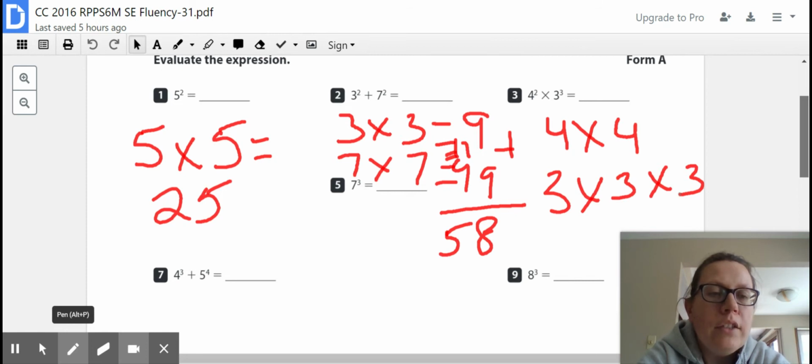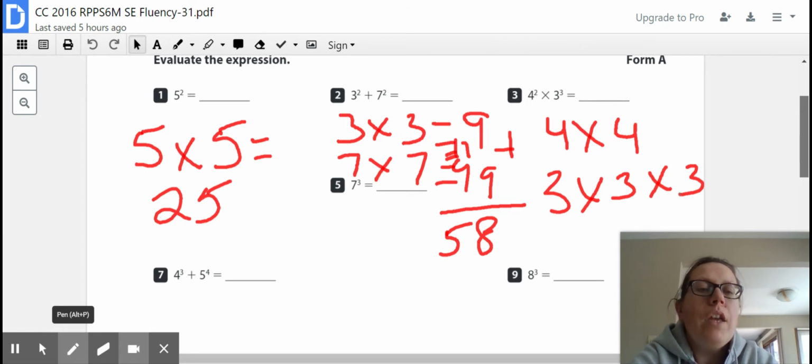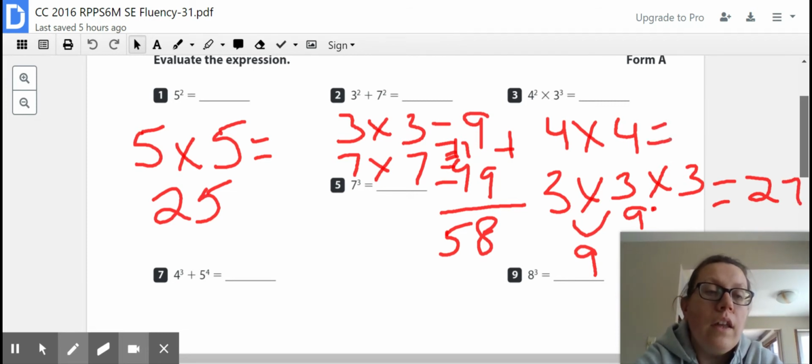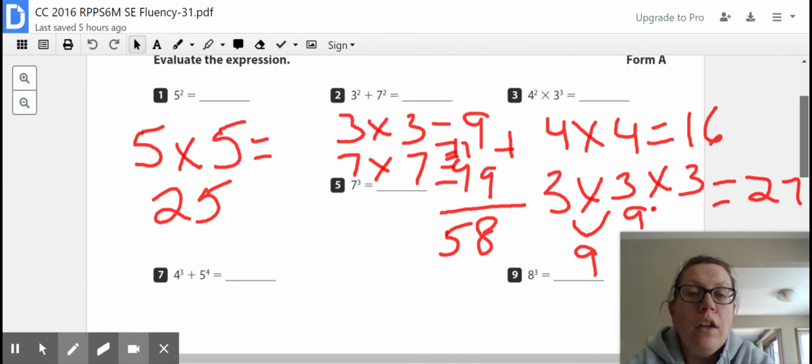But if you try to solve this mentally, I want you to remember, first we have to do 3 times 3, and that'll be 9. And then we take our 9 and we multiply that by this 3, and that will give us 27, and this will give us 16. So that is step 1 of our problem.